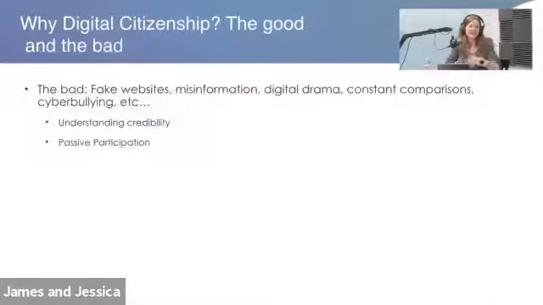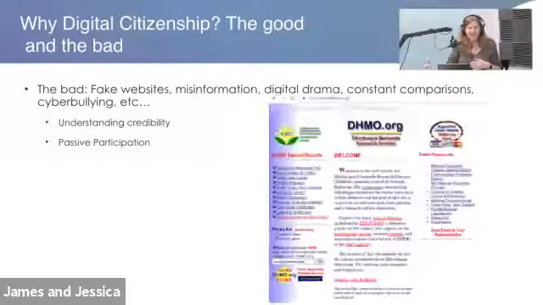And then there's also the bad. Sometimes when you turn on the news, that bad is what is being shouted out at you, because it's a lot easier to concentrate on the bad than the good. But we do have to understand that there's a balance and be mindful of it. So we have things like fake websites, like this one right here, a website about the dangers of dihydrogen monoxide, which is H2O.